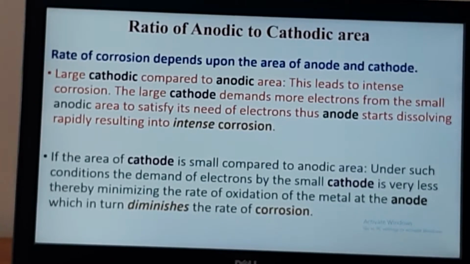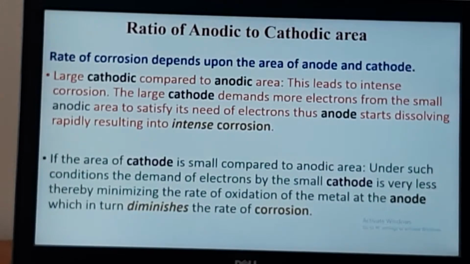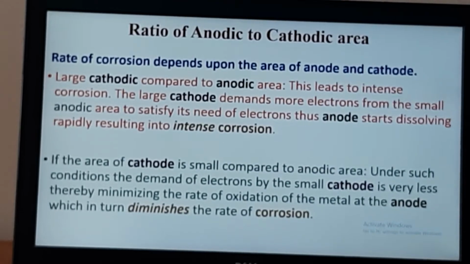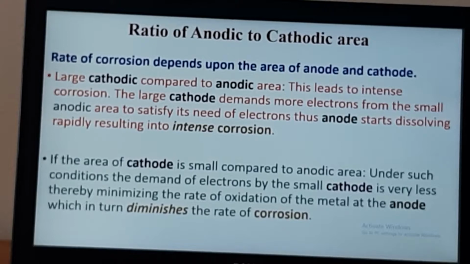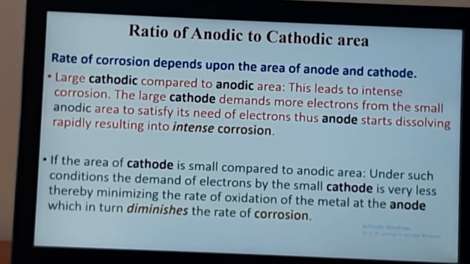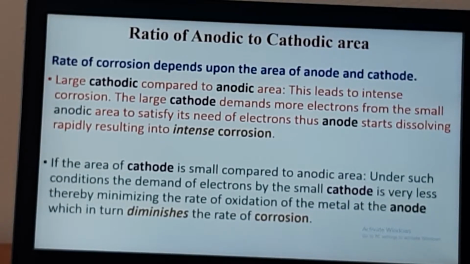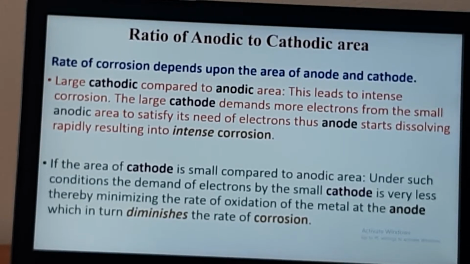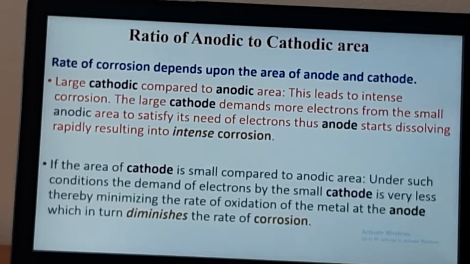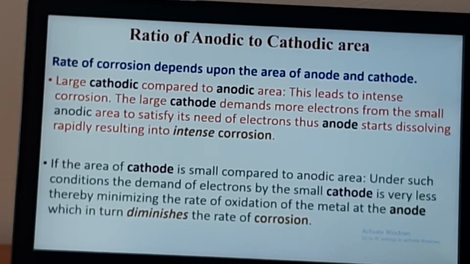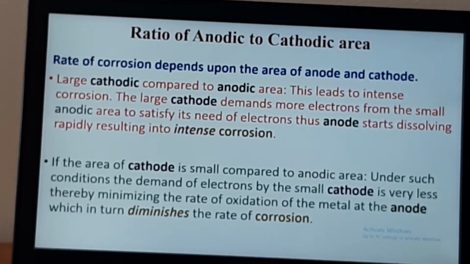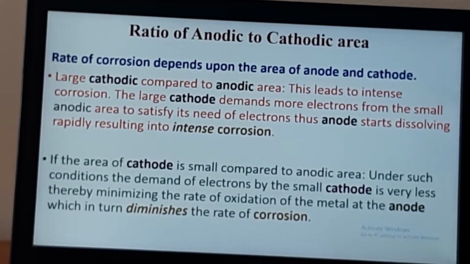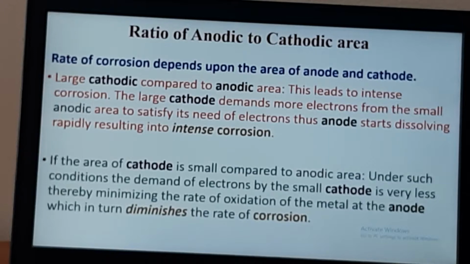The second important factor is the ratio of anodic to cathodic area. The anodic and cathodic areas play an important role in determining the rate of corrosion. If the cathodic area is very large compared to the anodic area, then the large cathodic area demands more electrons from a small anodic area, leading to its fast dissolution, resulting in intense corrosion.